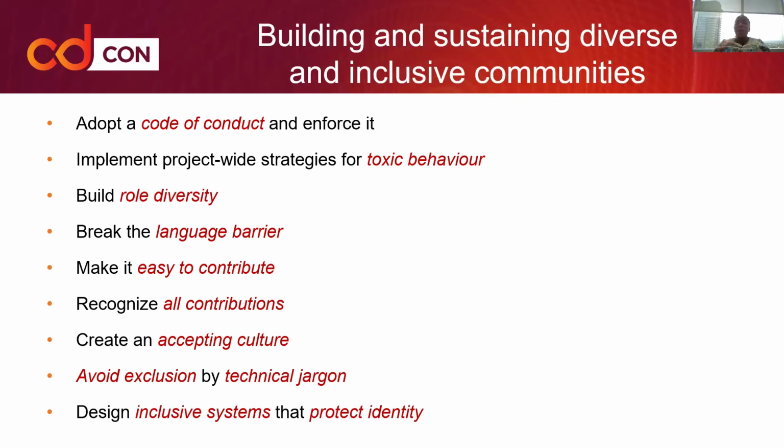Another way to build diversity is to implement project-wide strategies for toxic behaviors. It's very important that open source communities do not accept bad behavior within the community and speak out when it happens. So make things like bullying, name calling, stereotyping, humiliation, and other negative behavior taboo in the community.